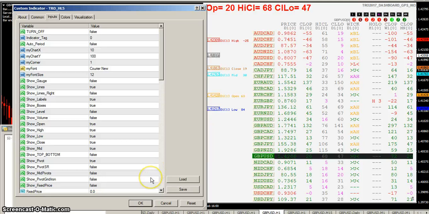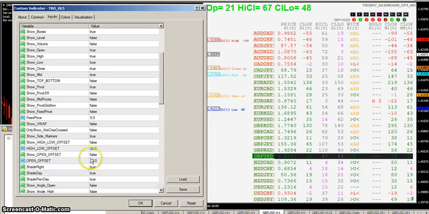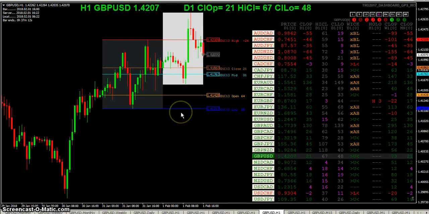And so let's see here. Let me turn that shade off. Shade right false. It just depends on how you like your chart, and I thought that was a good idea.